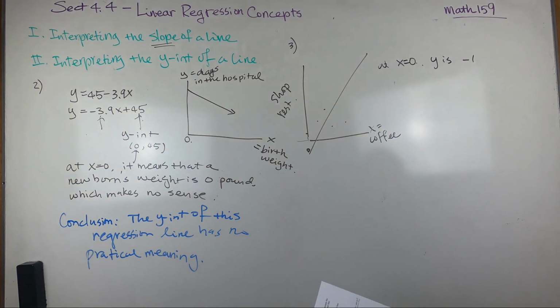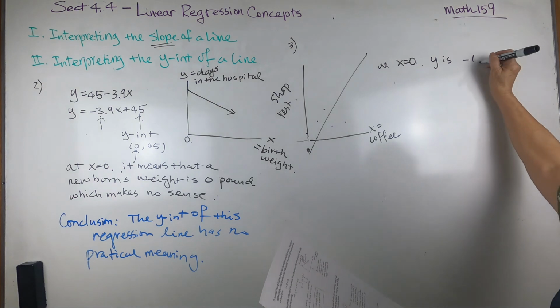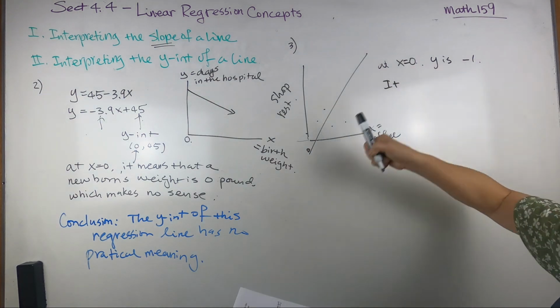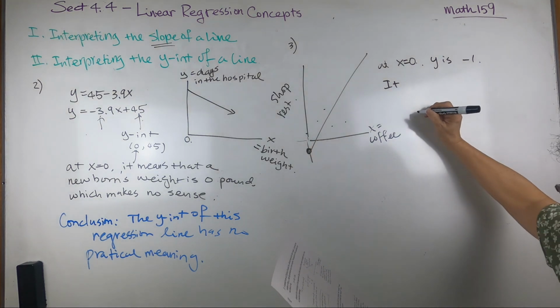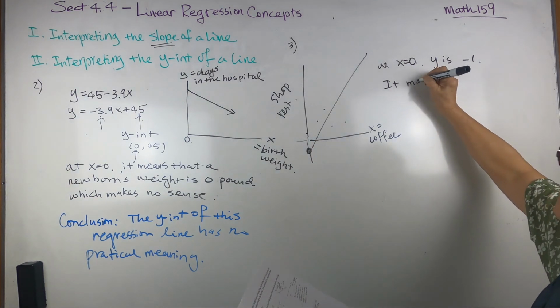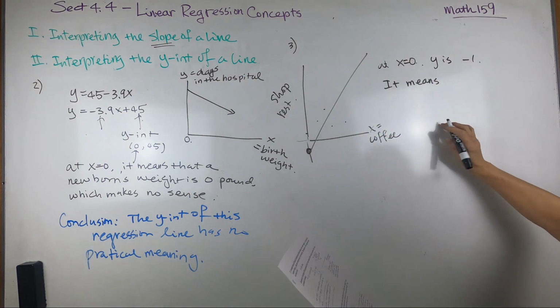Does it make sense? You don't go to a shop or restaurant 1 time, twice, 3 times, or -1 time. There's no such thing, right? So at x is 0, y is -1. What does that mean? We are talking about the y-intercept position, right? According to the graph, it means what?